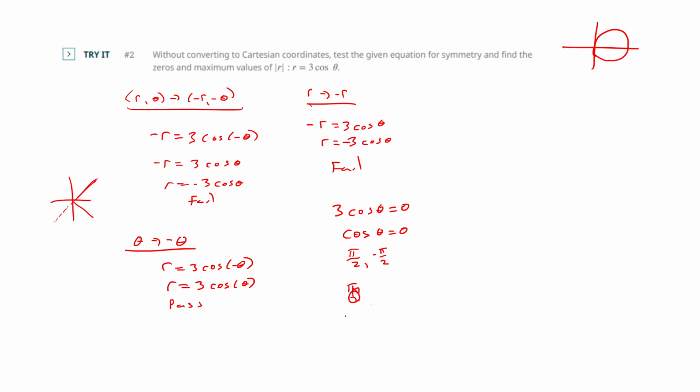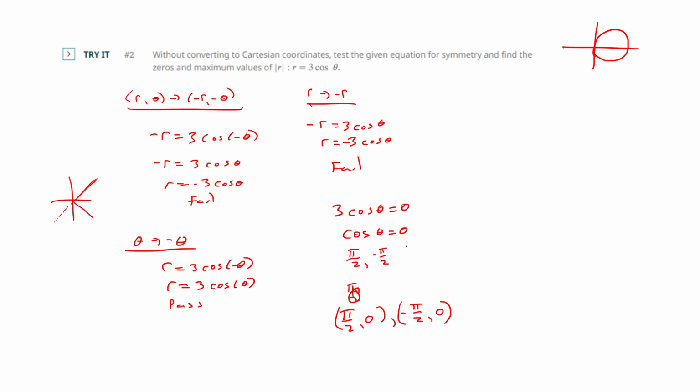So it'll just be this: pi over 2, 0. Negative pi over 2, 0. Let me double check that I'm thinking this right. Cosine of theta. Yeah, that's right. Okay, so here are our zeros: pi over 2, 0, and negative pi over 2, 0.